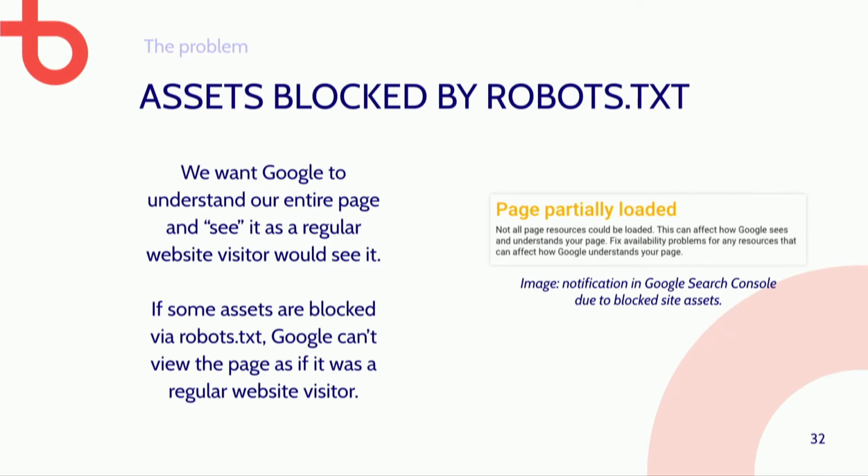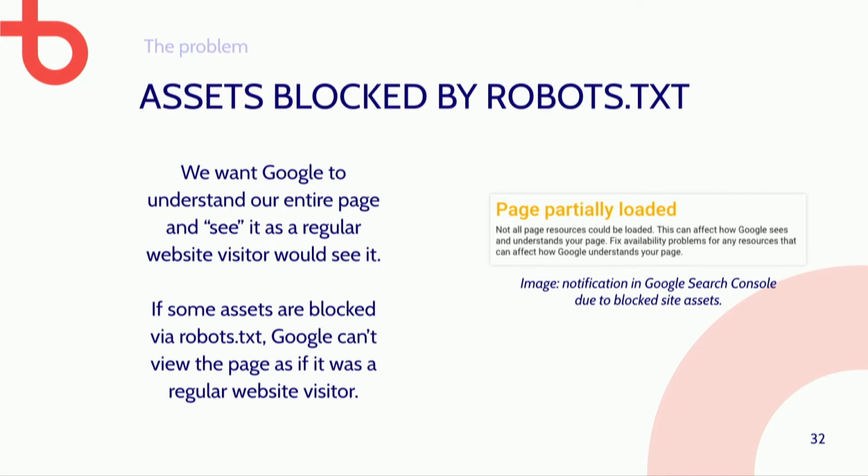Again, if you use Google Search Console, which I explained in the previous section, then you will see a notification like this: a page is partially loaded because Google is not allowed to render or download some assets that your website uses. You do not want this to happen. I suggest you validate all the websites you have in Google Search Console and look to see if you see any of these notifications.